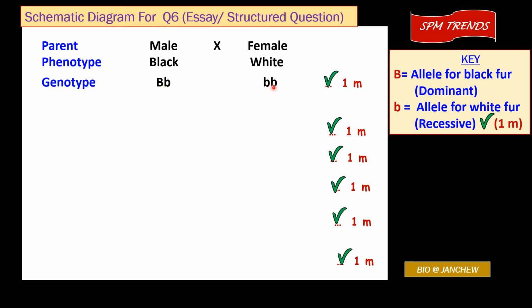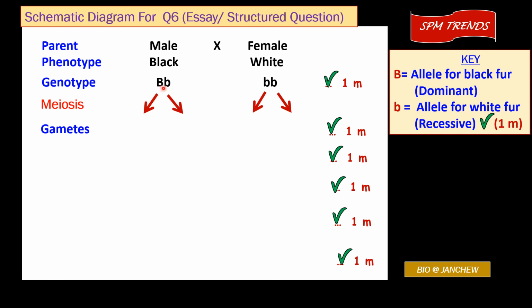For the female rat, because it shows the recessive trait, it must be homozygous recessive, having 2 identical recessive alleles, small b, small b. Then meiosis occurs, so draw the arrows showing meiosis, and then gametes are formed. As the homologous chromosomes separate from each other during meiosis and move to opposite poles during anaphase 1, the alleles too will separate.